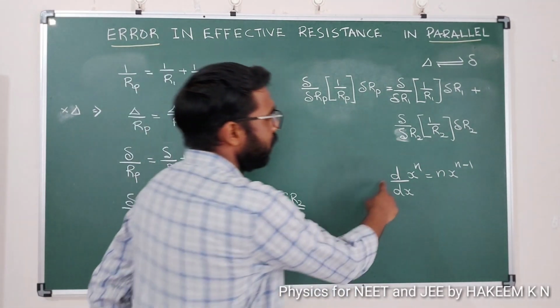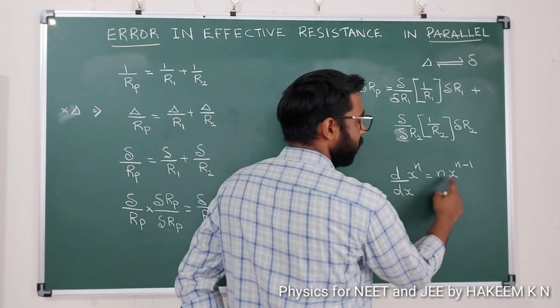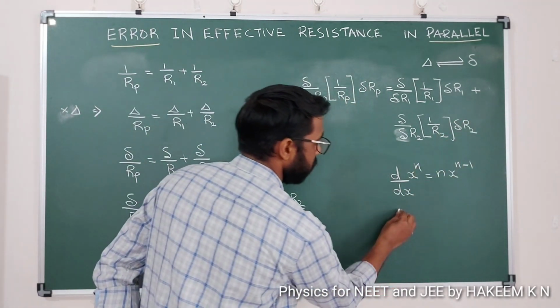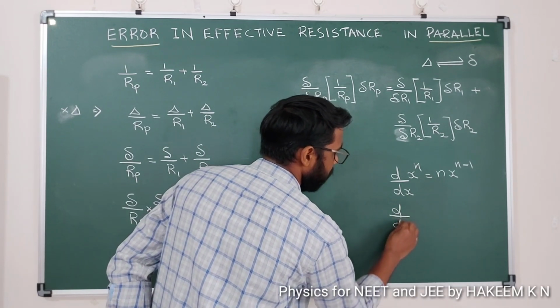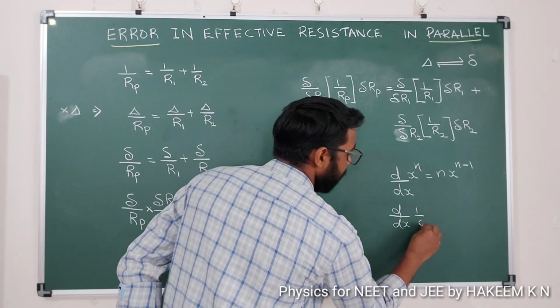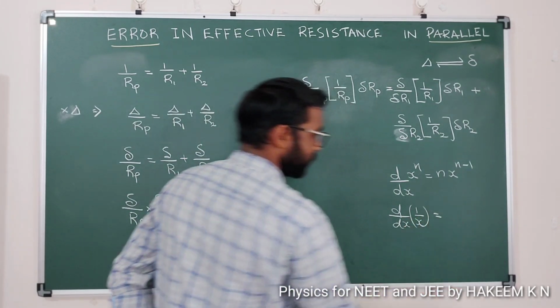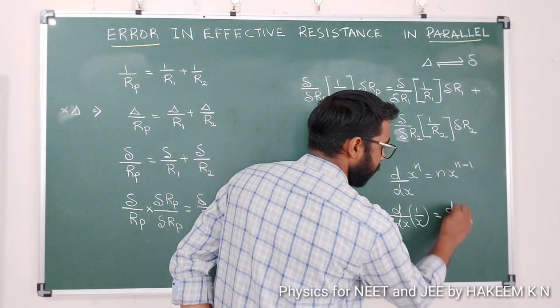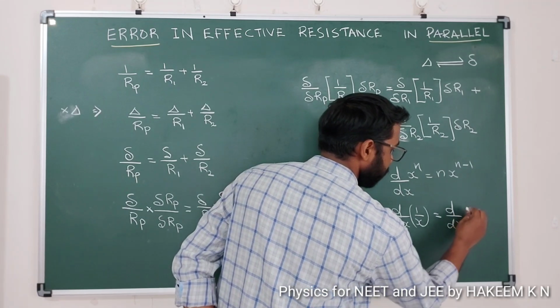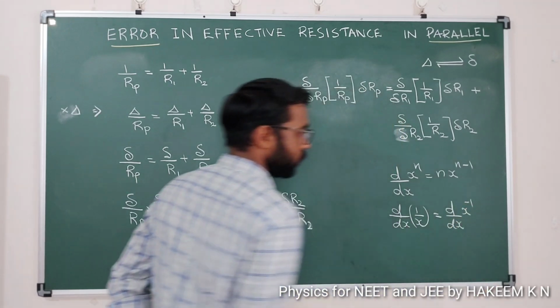Okay. Now, d by dx of x raised to n equals n into x raised to n minus 1. D by dx of 1 by x equals d by dx of x raised to minus 1.